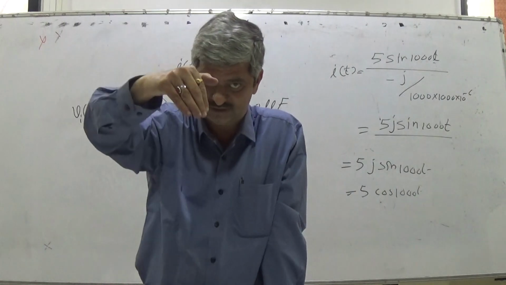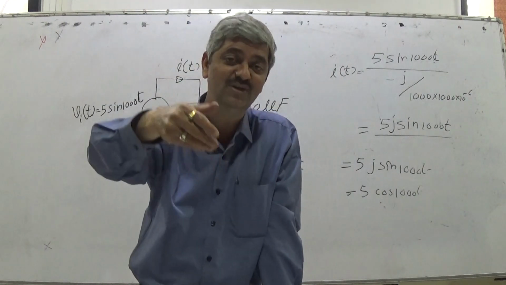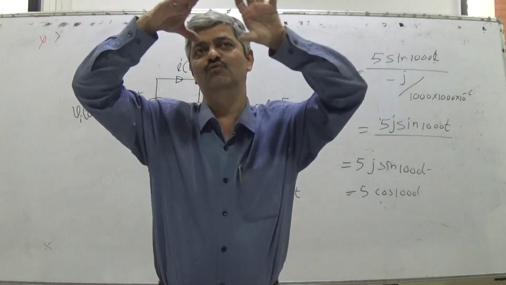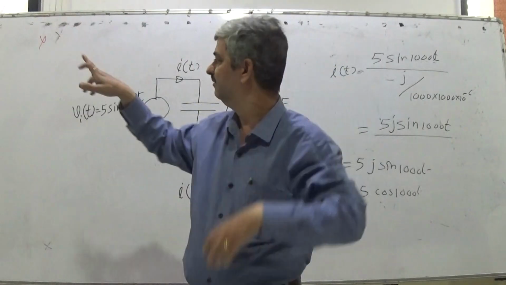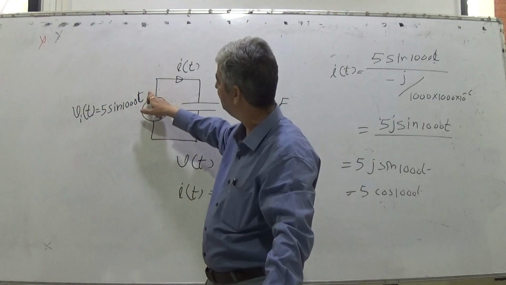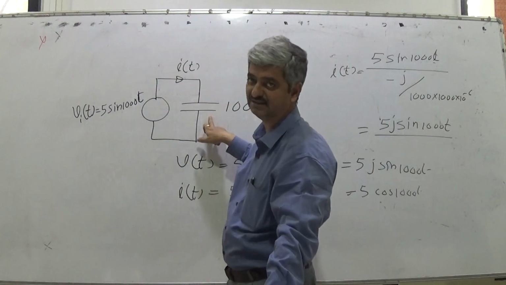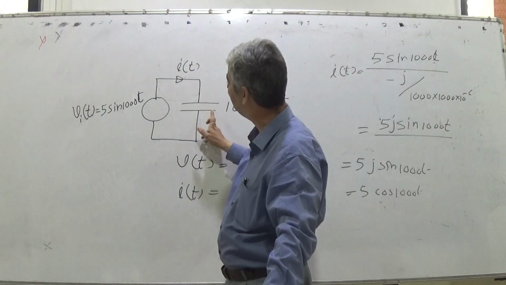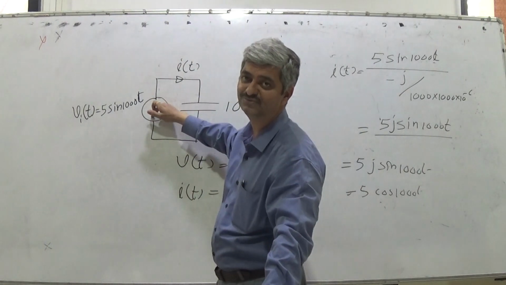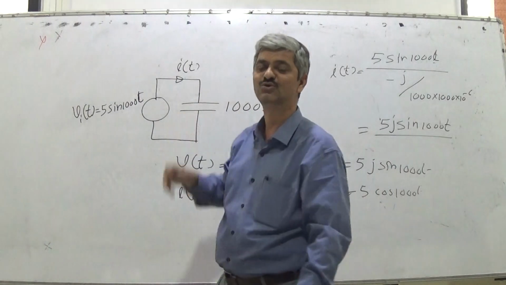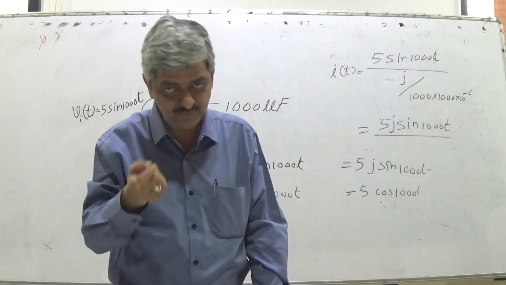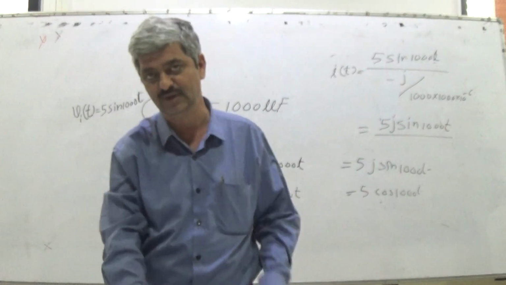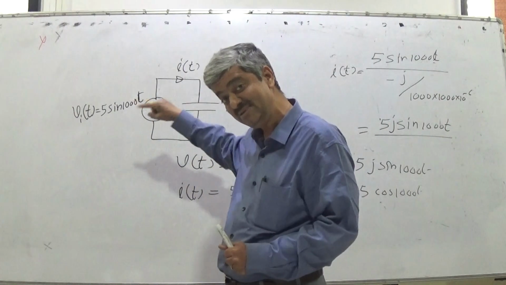When the product is negative, in one quarter cycle the energy is coming from the source into the capacitor, and in the second quarter, the capacitor is giving back energy to the source. In third, again coming. So we now end today's lecture, and in case of inductor, similar thing happens.